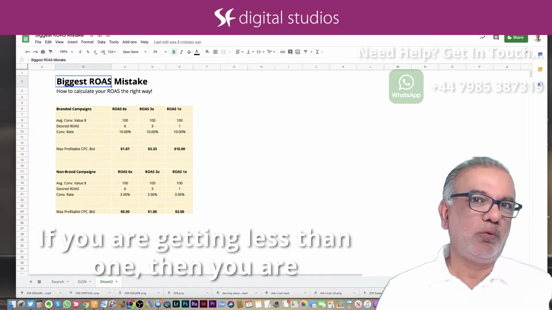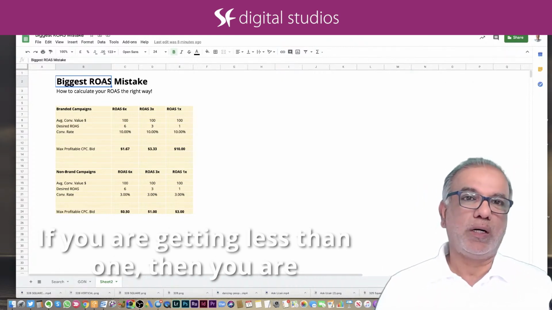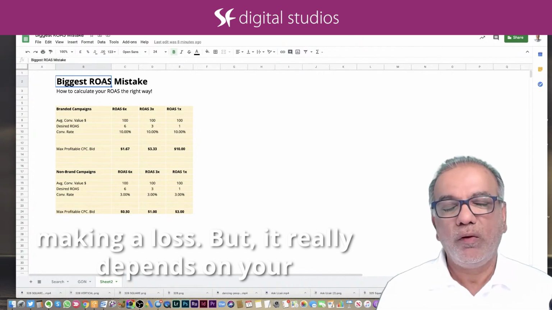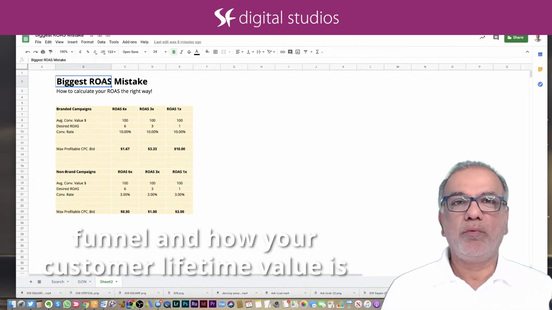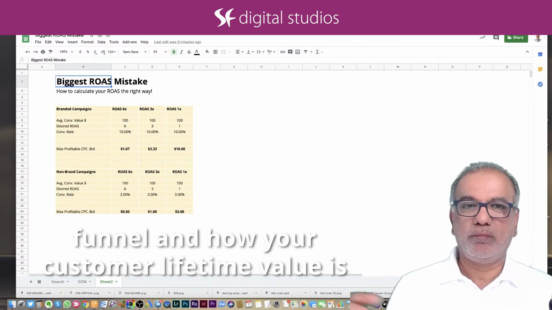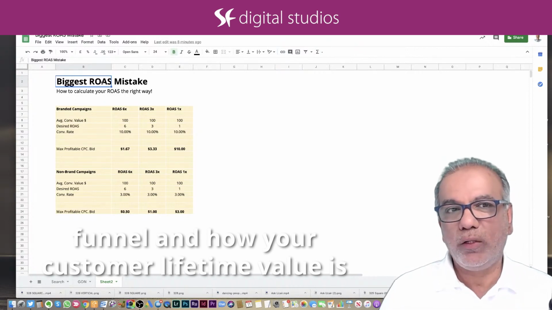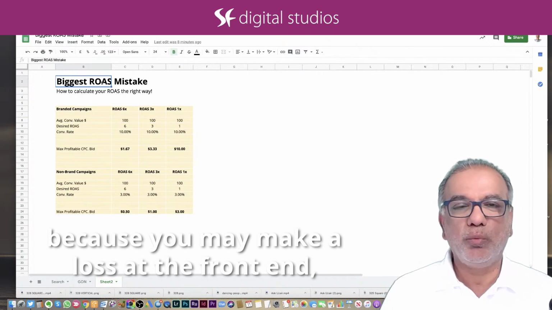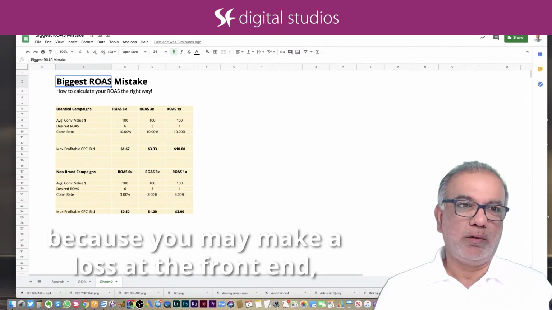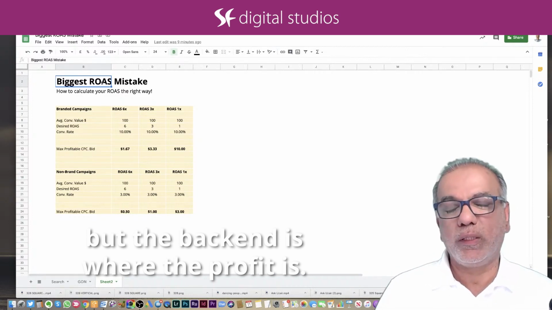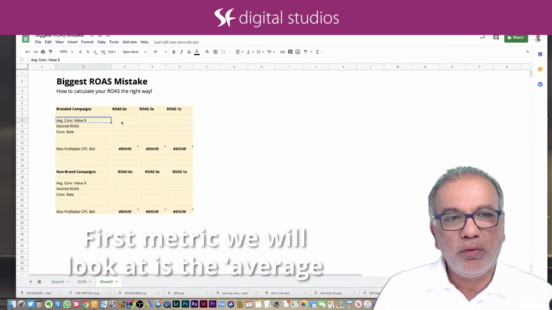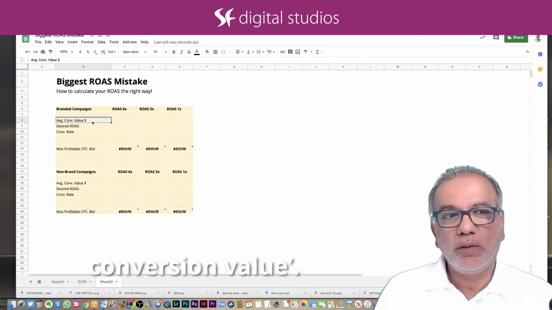If you're getting less than one, then you are making a loss. But it really depends on your funnel and how your customer lifetime value is, because you may make a loss at the front end, but the back end is where the profit is. First metric we look at is the average conversion value.